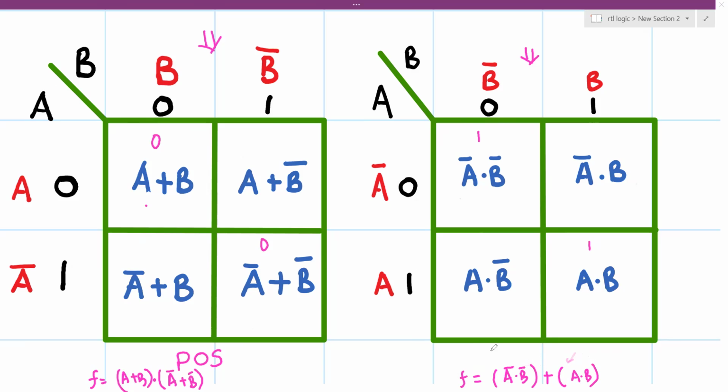That's why it is called SOP, sum of product terms.